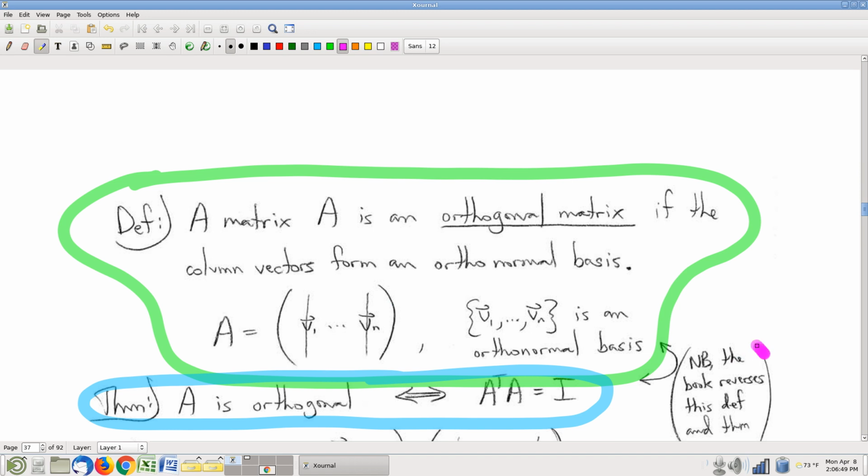The book reverses these. It doesn't really matter. It's an equivalent definition. Remember, I talked about equivalent definitions on the first day of class in one of the first pre-lectures. The book makes this the definition of what it means for a matrix to be orthogonal. And my only gripe with this is, if you look for the connection here, why would we take a matrix that has this property? Why would we choose the word orthogonal? It doesn't really leap off the page at you, right?